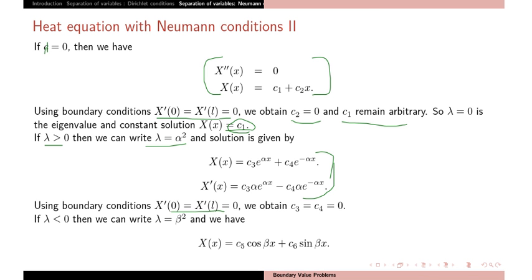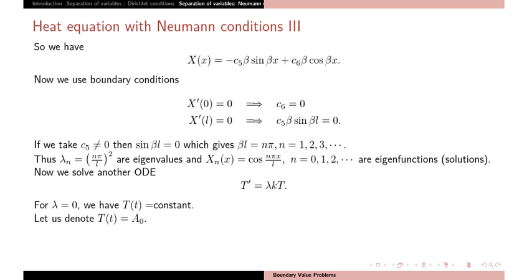You get C3, C4 equal to 0. And the third case, when lambda is negative, take lambda equal to minus beta square. The solution is in cosine and sine. Differentiate it, so this is the derivative of the solution, X dash. Use boundary conditions. Again you get the same: lambda n equal to minus (n pi by l) square, the eigenvalue, and the solution is cos n pi x by l, just similar to the wave equation.